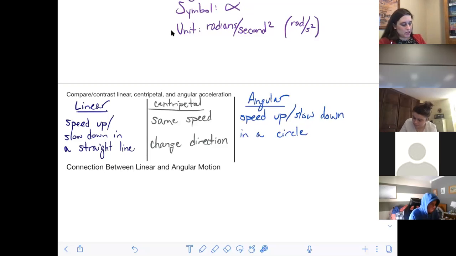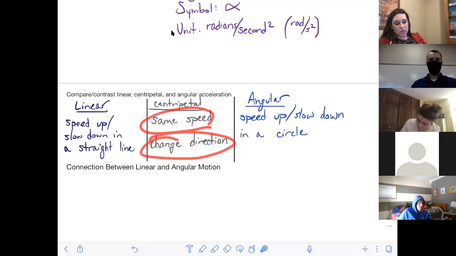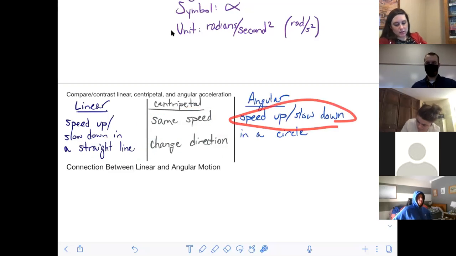Linear acceleration can describe speeding up or slowing down. Angular acceleration can describe speeding up or slowing down. Centripetal acceleration can happen in a circle. Angular acceleration can happen in a circle. But the combination of whether or not you're speeding up or slowing down and whether or not you're moving in a straight line or a circle is unique to every single one of these.